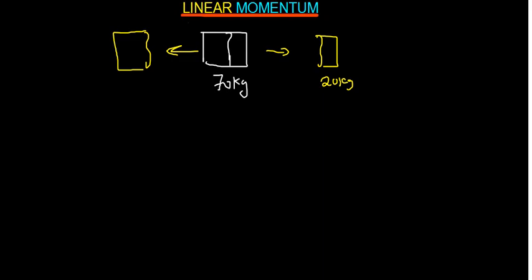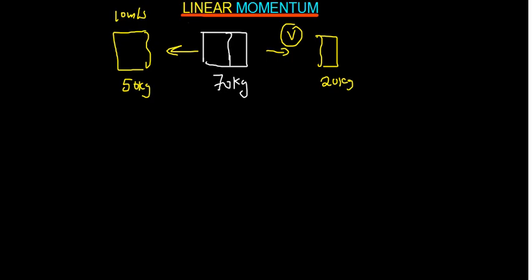Obviously, if the 20 kg piece has gone that direction, it should be a 50 kg piece. Now let's say the 50 kg piece which is going in this direction is moving at 10 meters per second. Now the question is, find the velocity at which the other piece is going to be moving after this explosion.